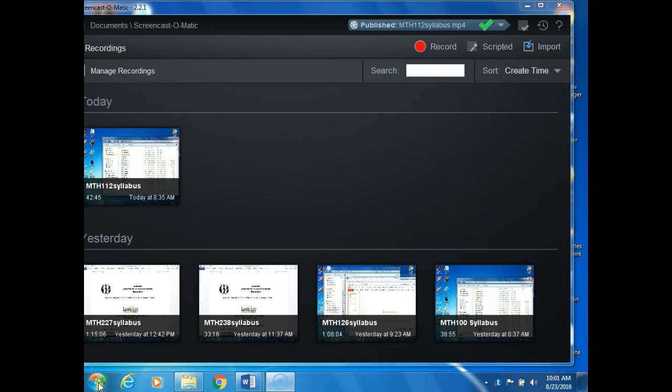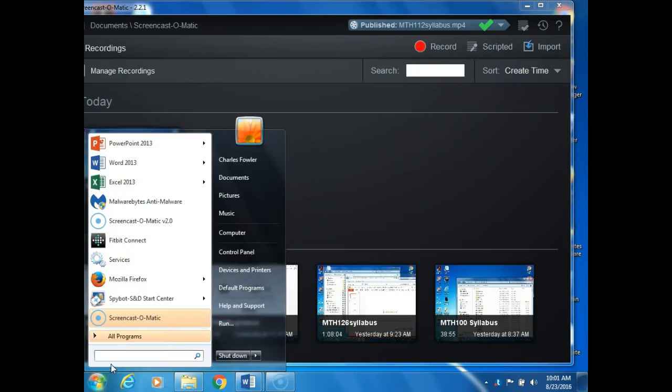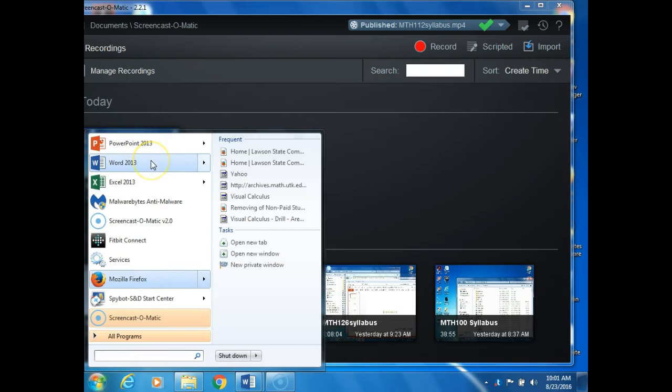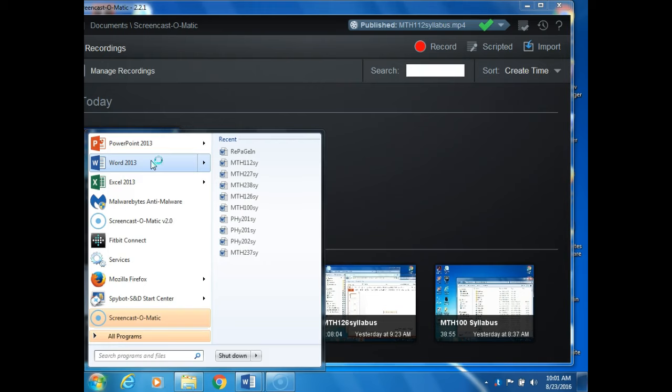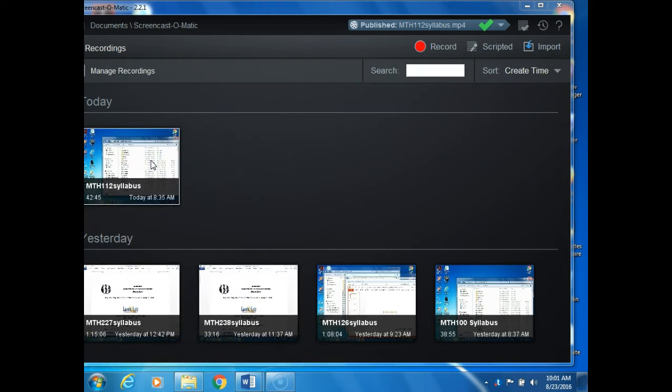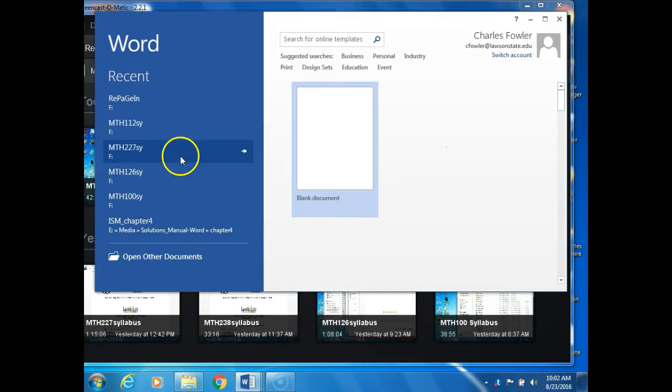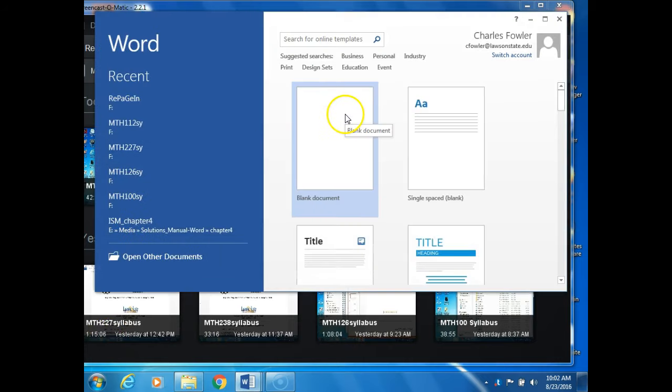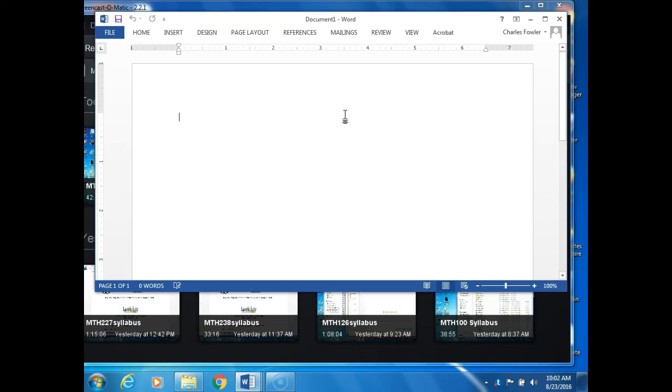Yeah, that's what I was going to try here. Don't know how this is going to go. Let's see what happens here. Well, there it comes. Blank document. Okay. Full screen probably would be useful there.